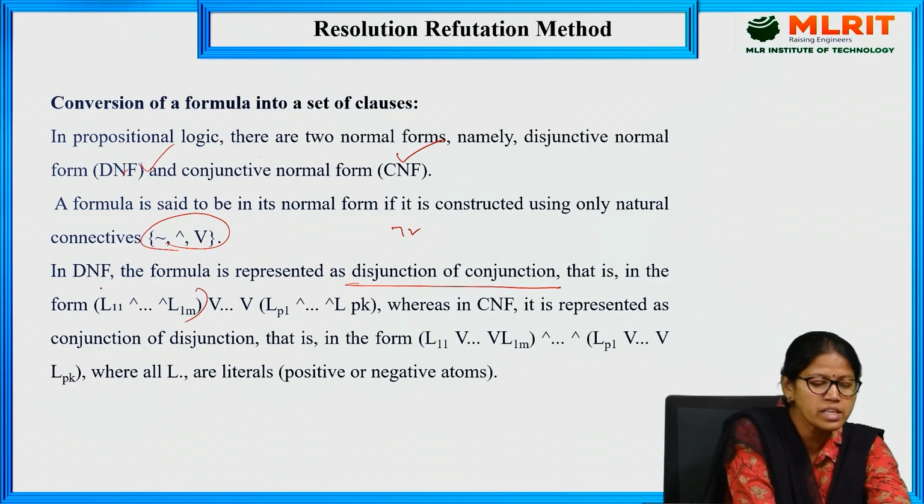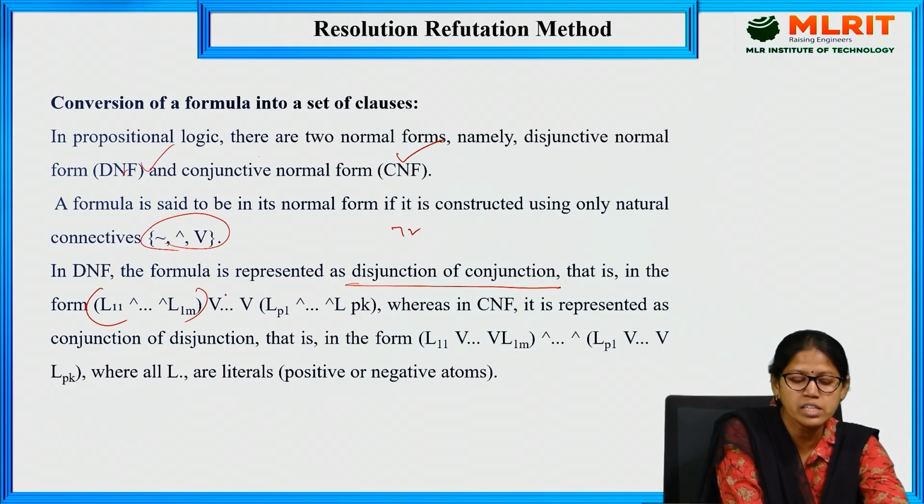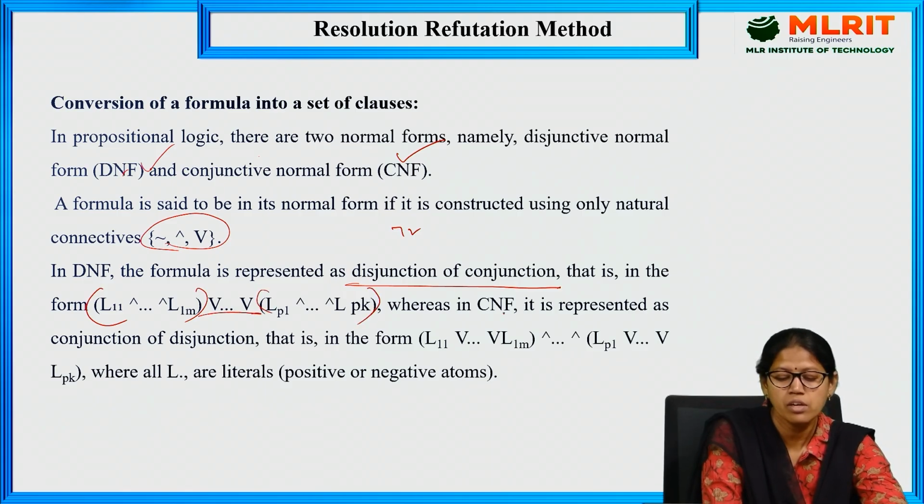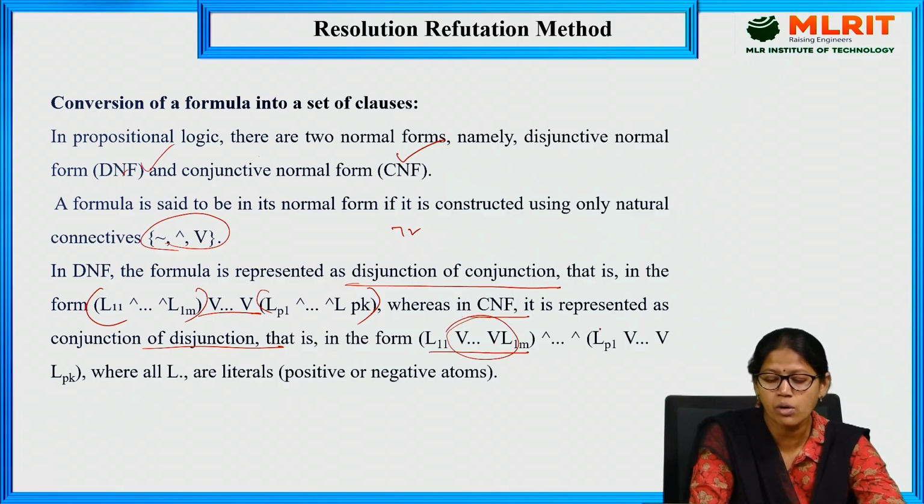So inside it is a conjunction and outside it is a disjunction. Within the parenthesis it is a conjunction, and outside it is a disjunction. Whereas a CNF is represented as the conjunction of disjunctions, the opposite. So within the parenthesis it contains the disjunction, and outside it contains the conjunction.